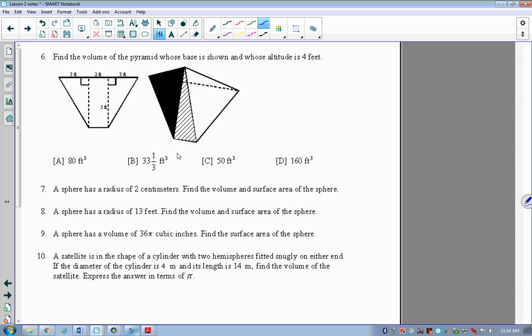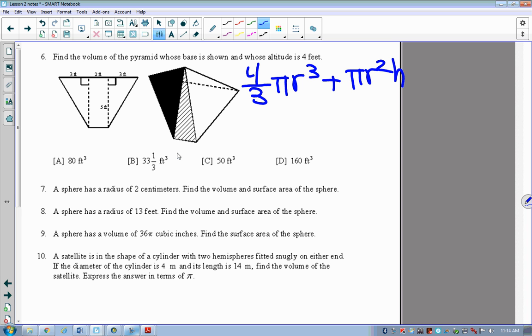So I can say 4/3 pi r cubed plus pi r squared times height, because this is how I find the volume of a cylinder, right? Area of the base polygon times the height. The base polygon of a cylinder is pi r squared, times the height.